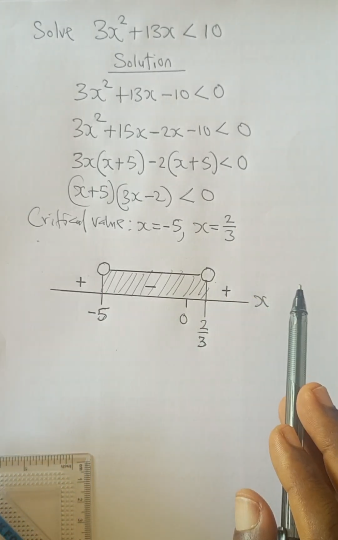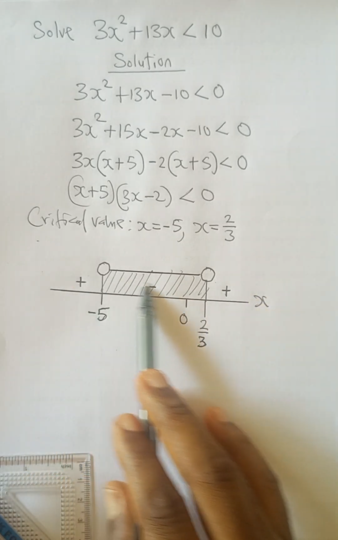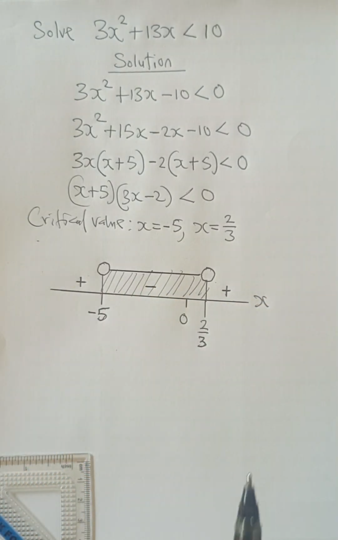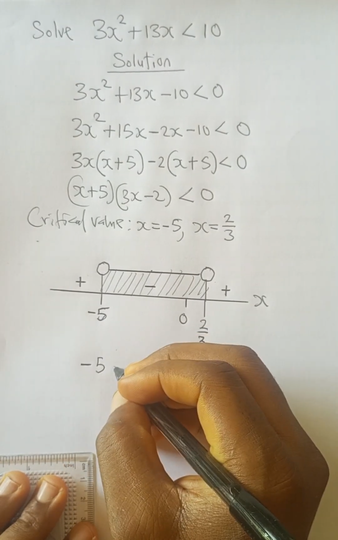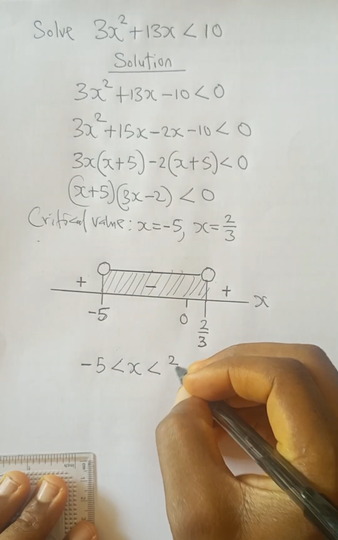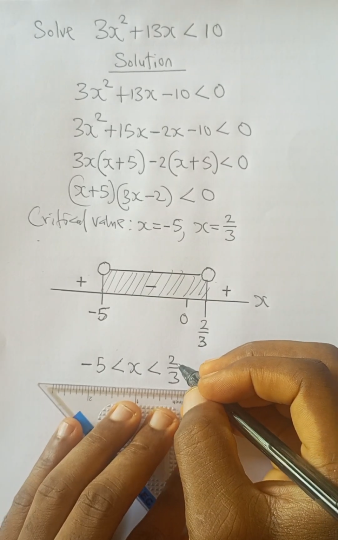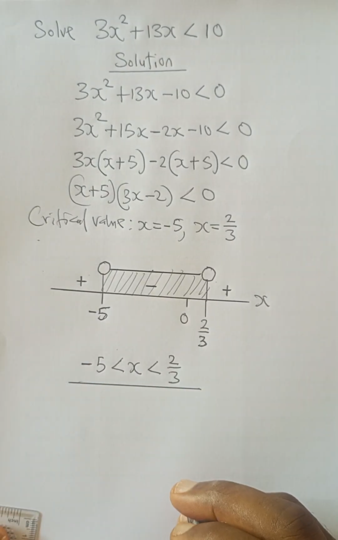So you need to use or to join this and this, because there are 2. But this is just one single range. Anytime you have one single range, this is how you present it. You start with minus 5 is less than x is less than 2/3. That is the answer to this inequality.